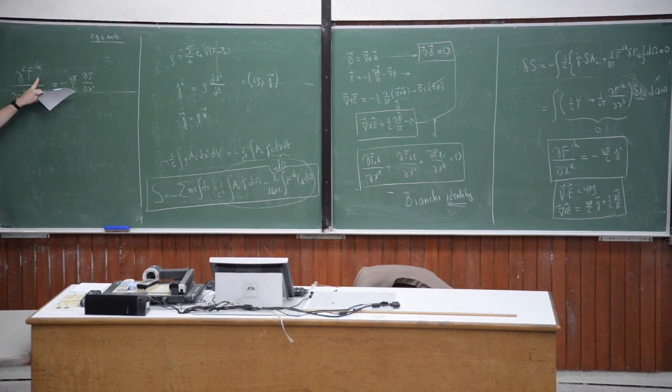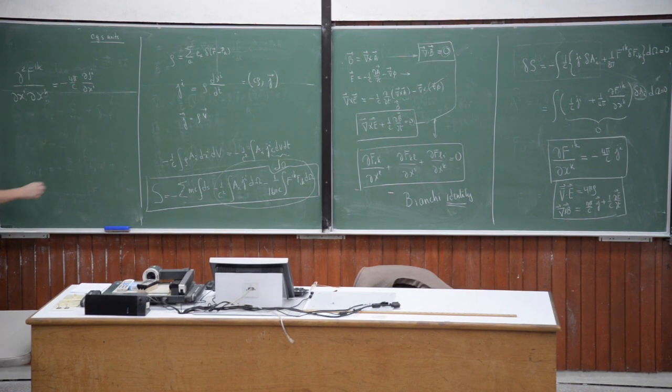Remember F^{ik} is an anti-symmetric tensor, and ∂x^i ∂x^k is a symmetric operation. So obviously this is 0. Because this is symmetric under the exchange of i and k, and this is anti-symmetric, when I contract the anti-symmetric tensor with a symmetric one, I get 0.